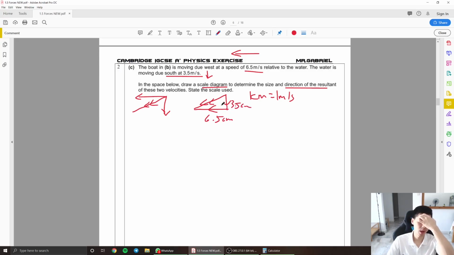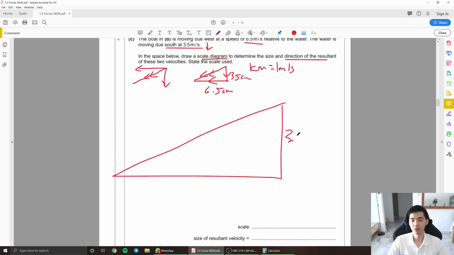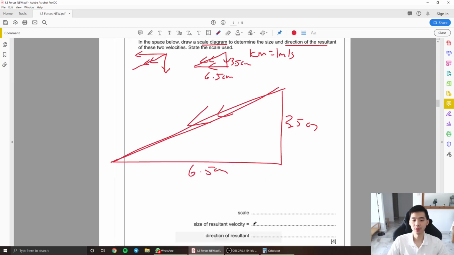Once I have these two things, just draw it properly with your ruler. You should get a diagram that looks something like this, right? Then you label everything. This is 3.5 cm, this is 6.5 cm. Then after that, measure however long this distance is, and this will be your answer of your resultant force.